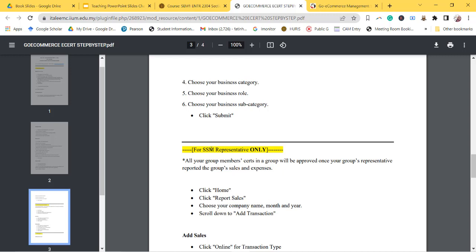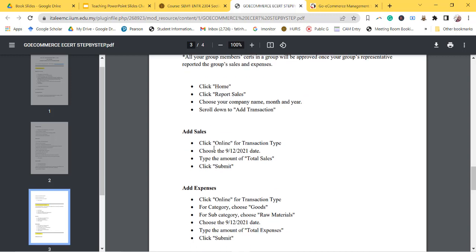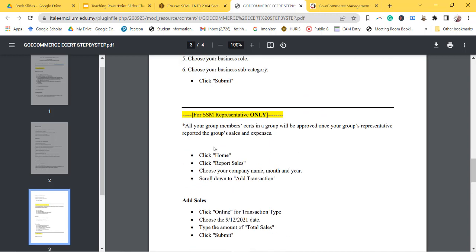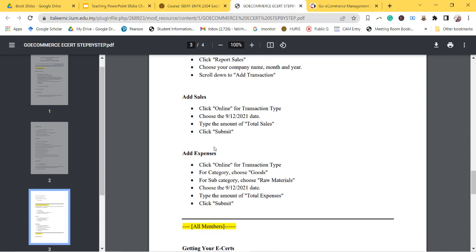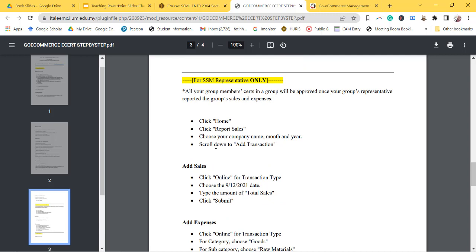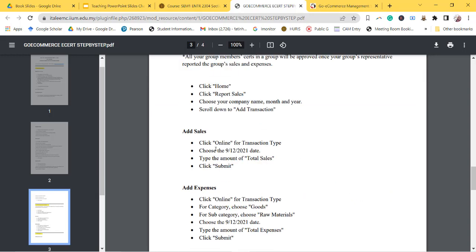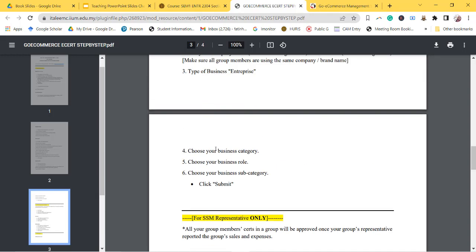The representative must report their sales and expenses after Entrap week ends, after your business closes, on 30 December. Anyone can be the representative for Go e-commerce, and they will get an extra 1 mark for reporting sales and expenses.